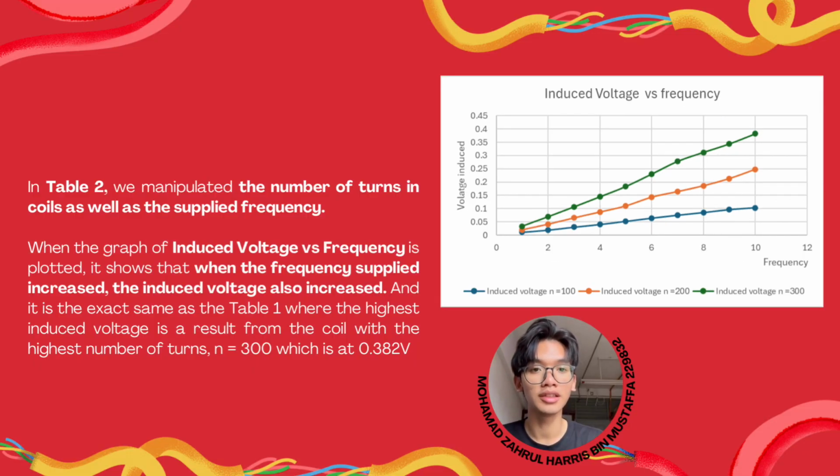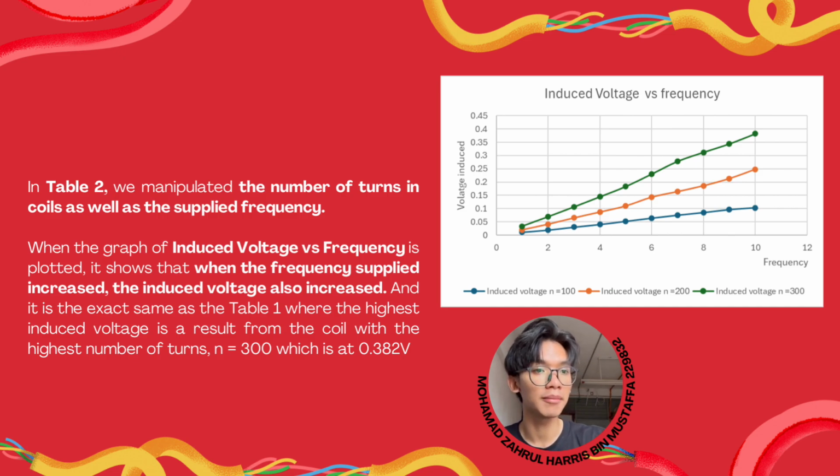Moving on to table 2, which we manipulate the number of turns as well as the supplied frequency. It is the same as table 1, where as the number of turns increases, the maximum induced voltage also increases. And as for the supplied frequency, the increase in supplied frequency also results in an increase of induced voltage.